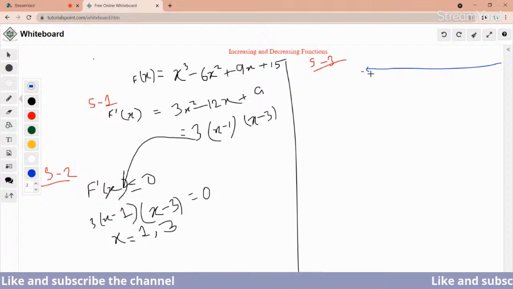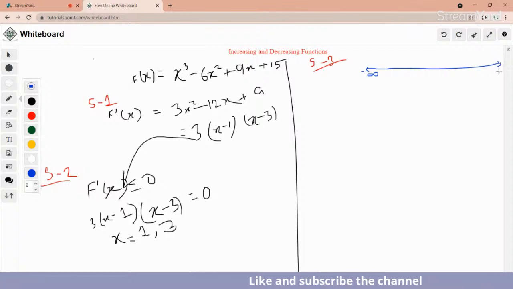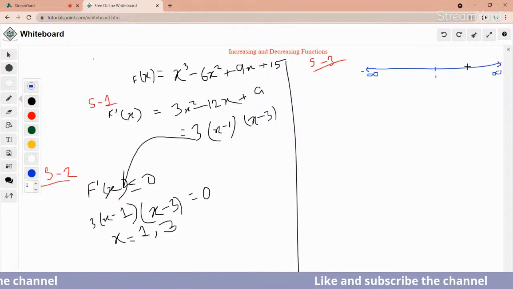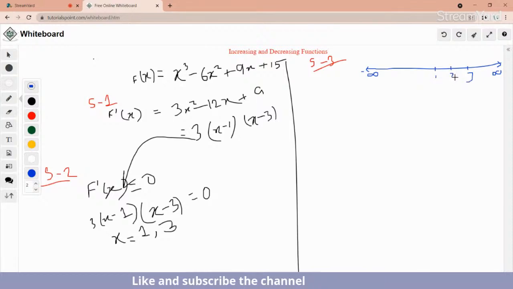LHS minus infinity. In this sum no interval is given, but if you are given an interval, you will just put the interval and find it within that only. What we have got is 1 and 3. So let's put 1 and let's put here 3. Let's put here 2 also. Let's put here 0.